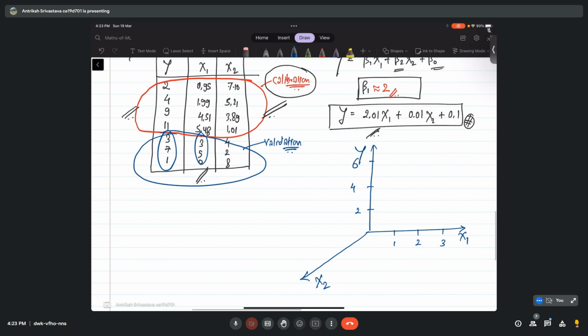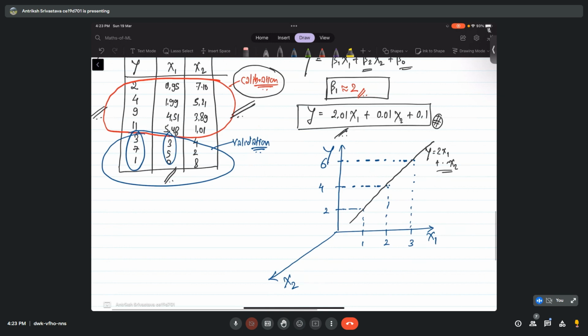So the line that this model is fitting, if you take the projection of that line on this y and x1 plane, maybe it will not go directly, but it will look something like this. It is going to be y equal to 2x1 plus something x2. It is going to follow that trend.